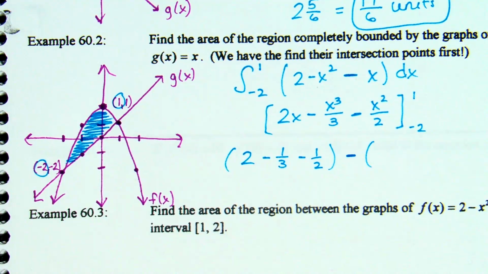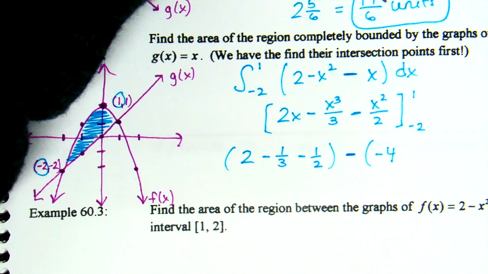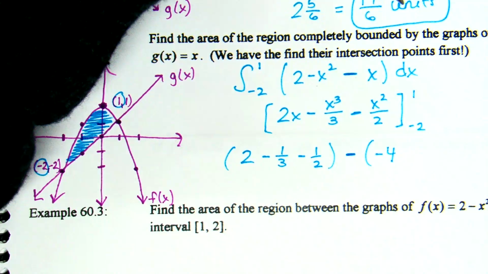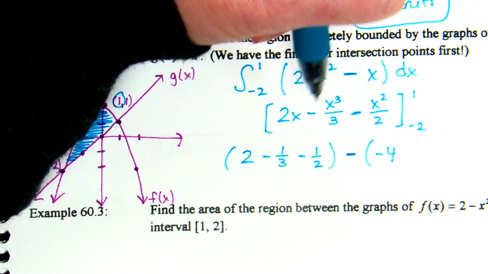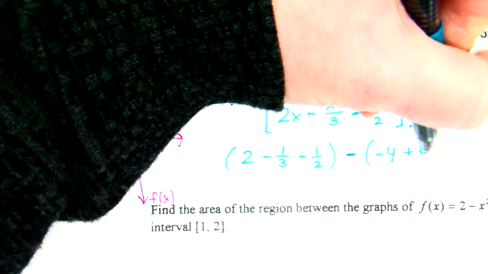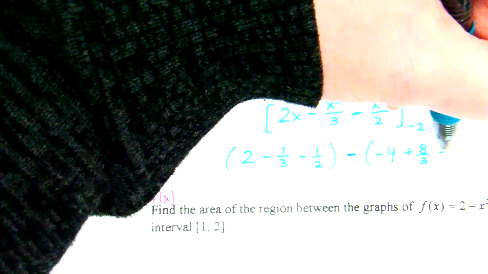So when I put in -2, -4, so it becomes -8/3, but it's minus -8/3, so it turns around and becomes plus 8/3. We won't even talk about the minus, it's back here though. And then -2, yep.